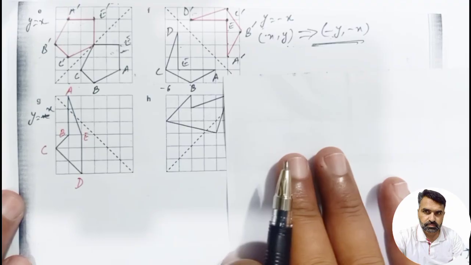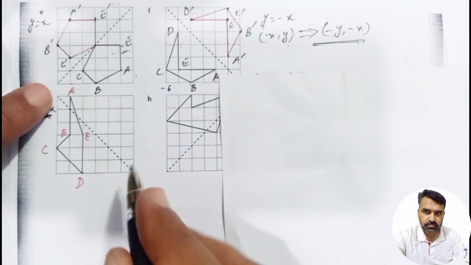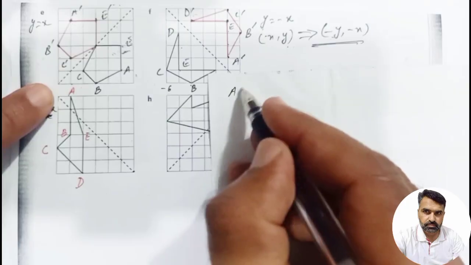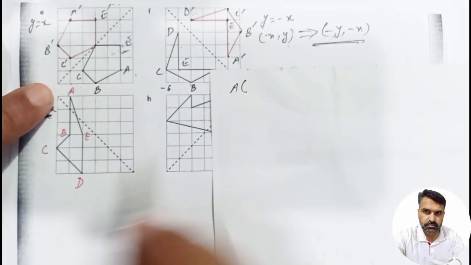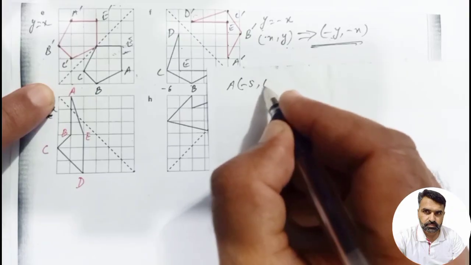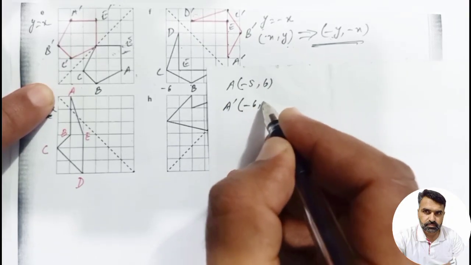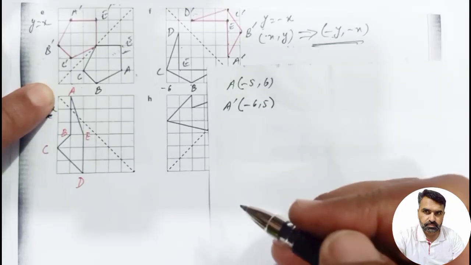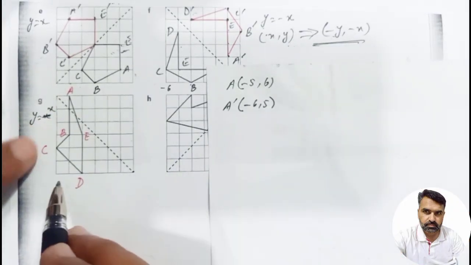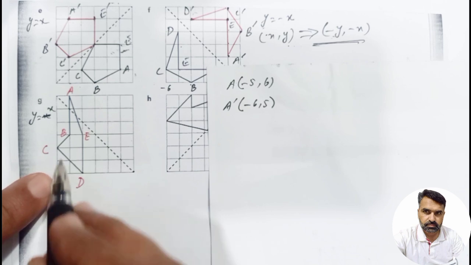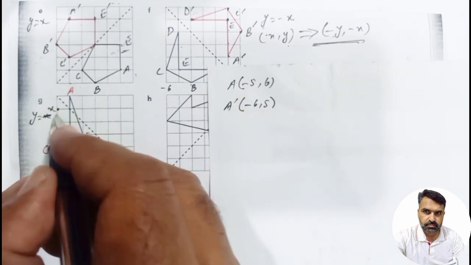The coordinates of point A are -5 and 6, and the coordinates of A prime will be -6 and 5. So this is -6 and this is 5. So this point will be A prime.